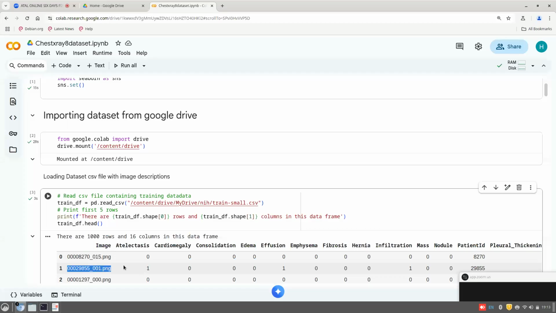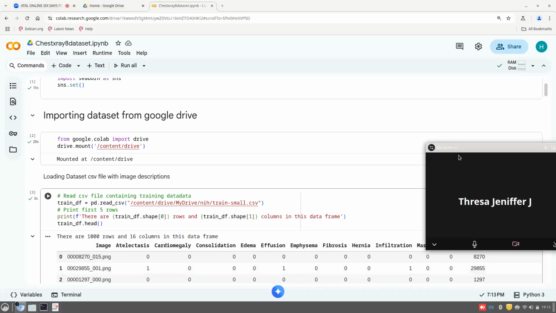So this 0002985_001.png has the disease, so that's why it is marked 1 here in this column.